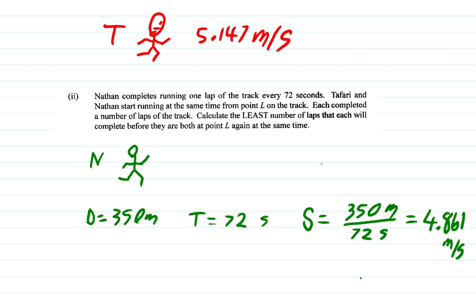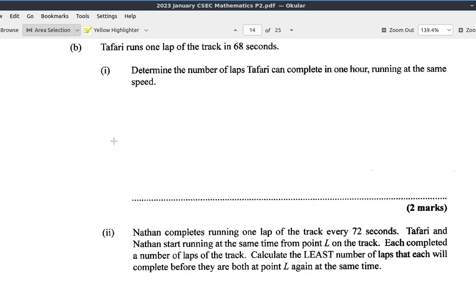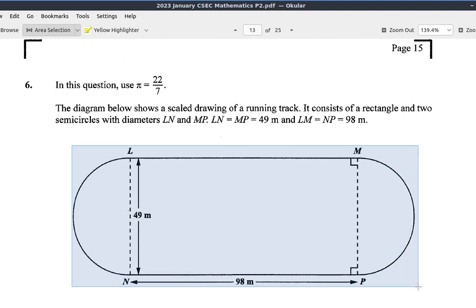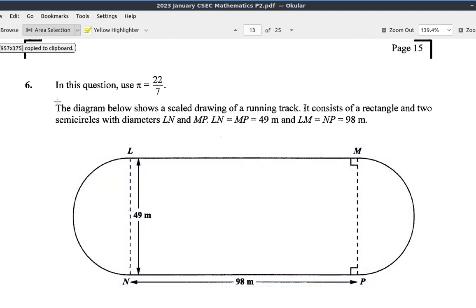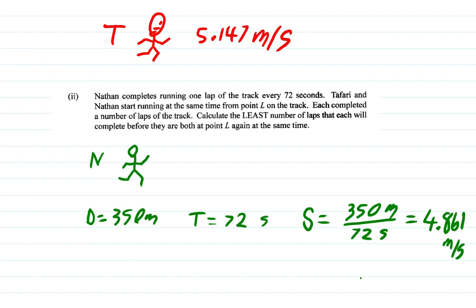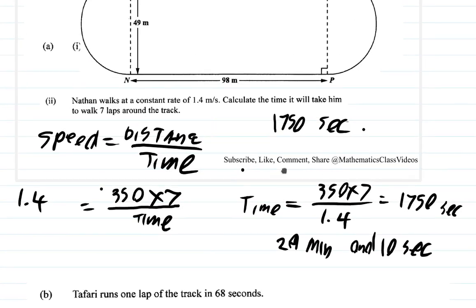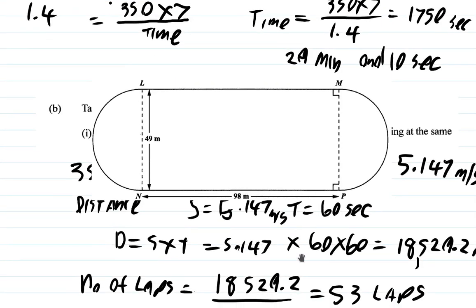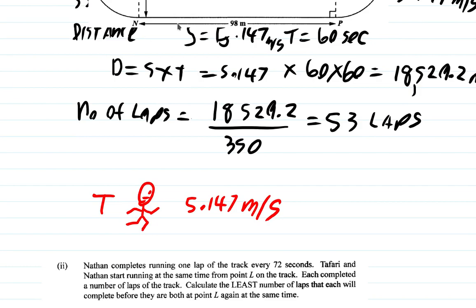It's the least number of laps that we want here. Let's copy this diagram again, copy and paste it over here, and pull that new diagram down here and work with it.